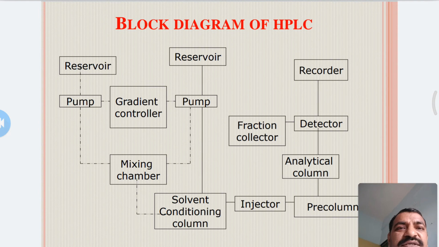So next is the block diagram of the HPLC instrument. Here: reservoir, second reservoir and pump, then mixing chamber, solvent conditioning, injector, pre-column, analytical column, detector, fraction collector, and lastly the recorder.